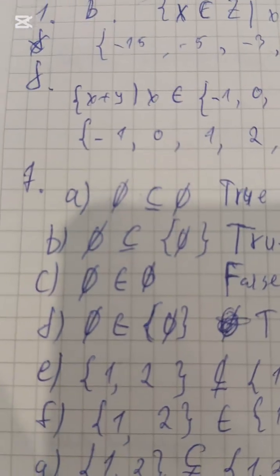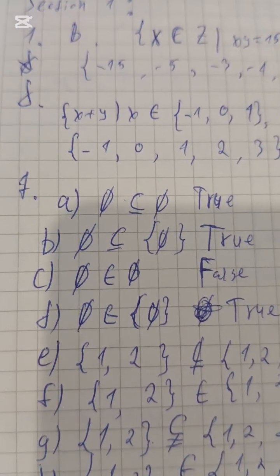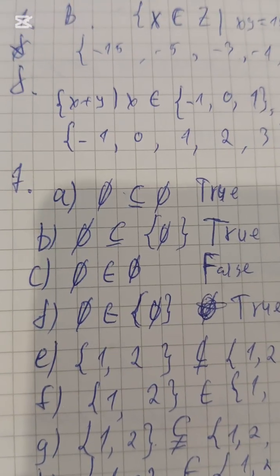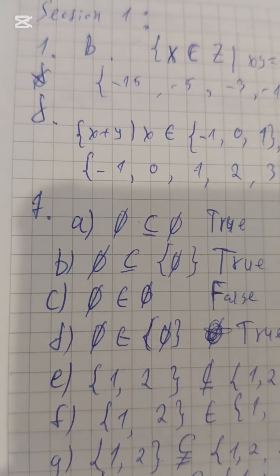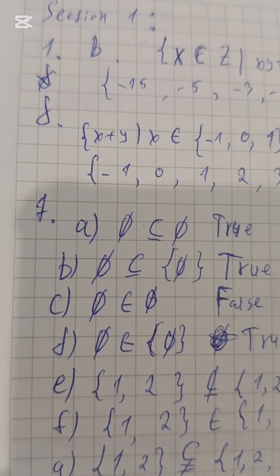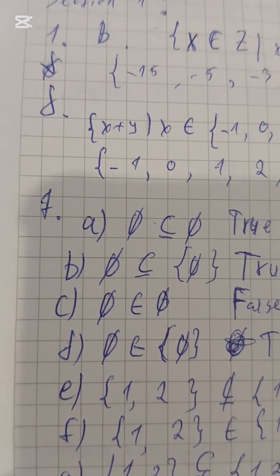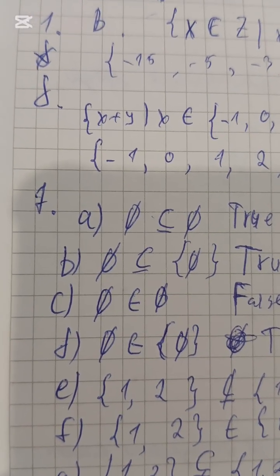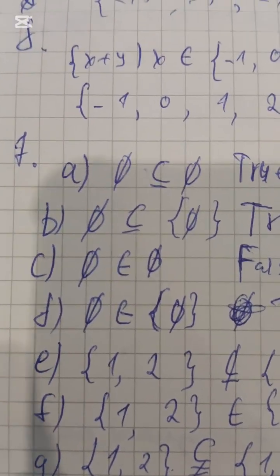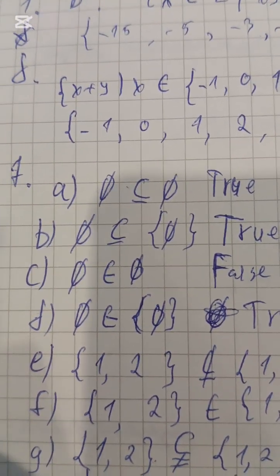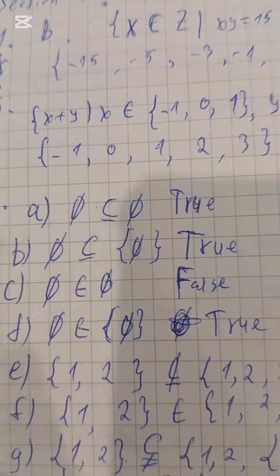First is true because nothing is also a subset of nothing, because by theory, every set A can be a subset of A, so it will be true. Next one, nothing is a subset of the set with nothing.